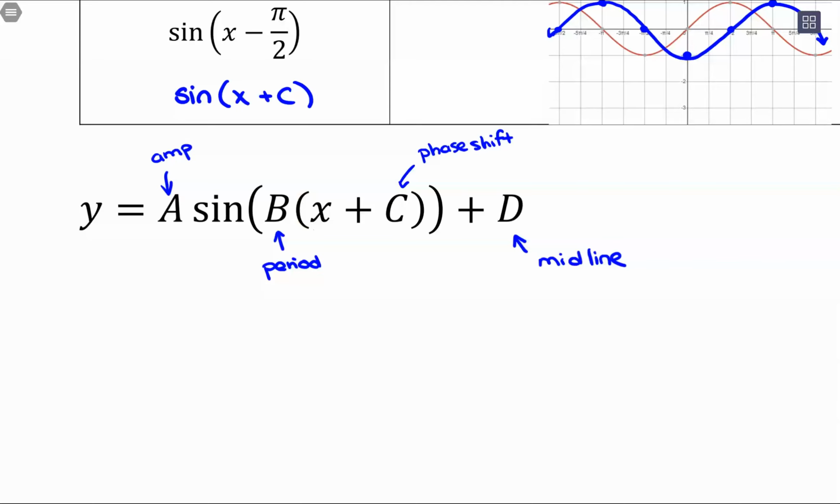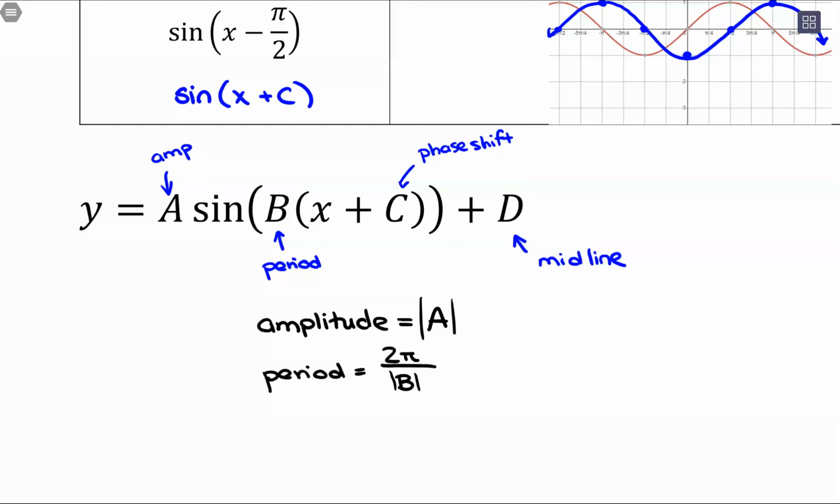So how we'll read it is the amplitude is just equal to A, the positive version of A, so you could think of that with absolute value. B tells us about the period, which will be 2 pi divided by B. That should always be positive, so you could think of that as having absolute value as well.